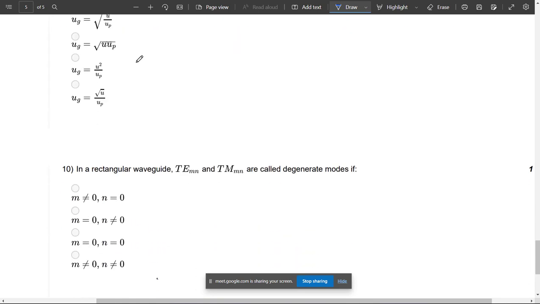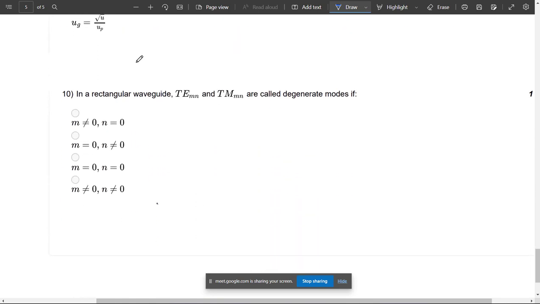Okay, let's go ahead. Question number 10. In a rectangular waveguide, TEMN and TMNN are called degenerate modes. If, okay, so someone from you tell me what are degenerate modes.